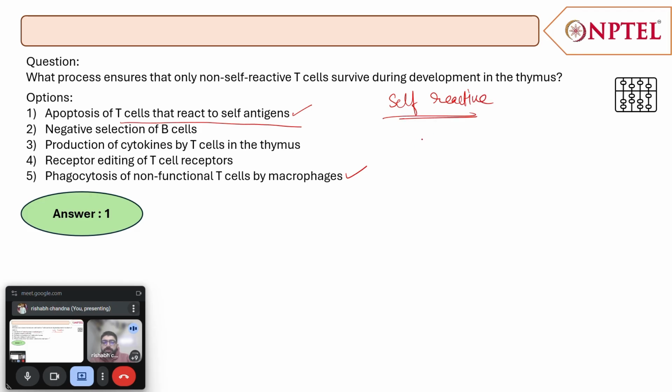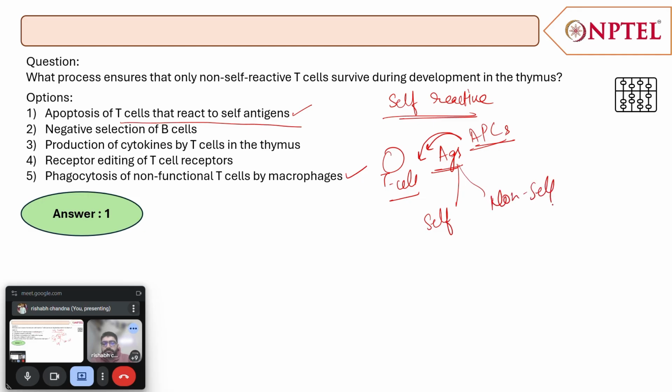Okay, so during the process of maturation, the T cell is presented with different antigens by the antigen presenting cells. So these APCs present different antigens to the T cells. Now, these antigens can be either self antigens or non self antigens.